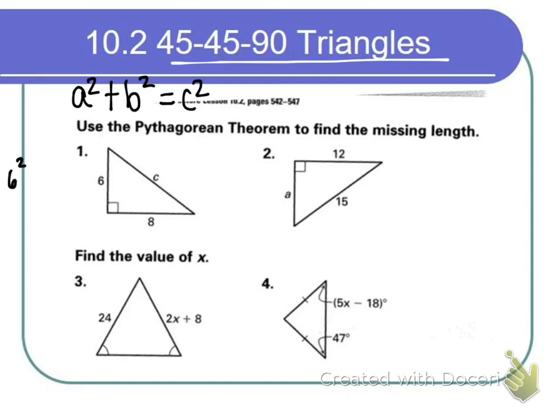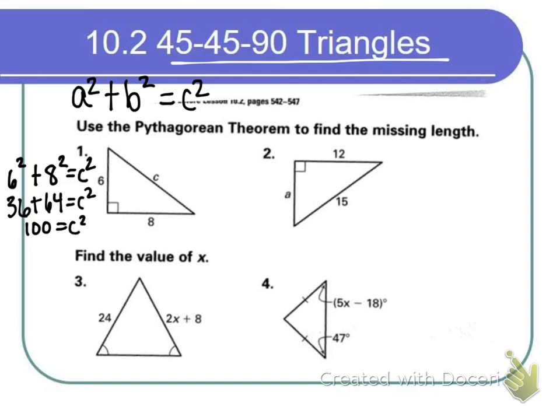Okay, so 6 squared plus what's going in for B? 8 squared equals C squared. What is 6 squared? 36 plus 8 squared, 64, equals C squared. 36 plus 64 is 100.